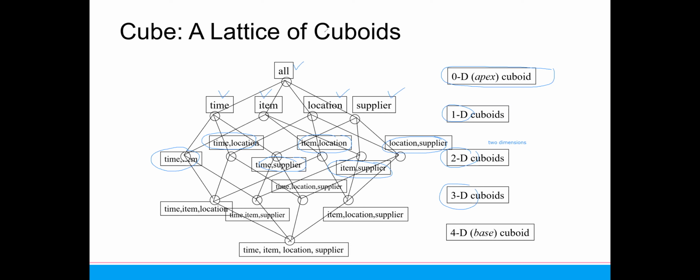Okay, so three dimensions is a combination of those attributes: time, item, location; time, item, supplier; time, location, supplier; and item, location, supplier. This is what we call the apex cuboid or 4D because we have 4 dimensions. Okay, 4 dimensions, the 4 attributes: time, item, location, and supplier.